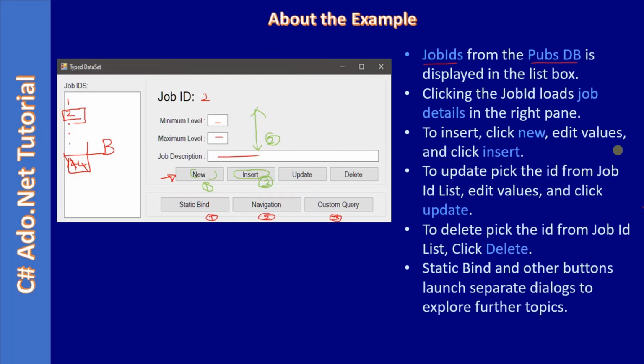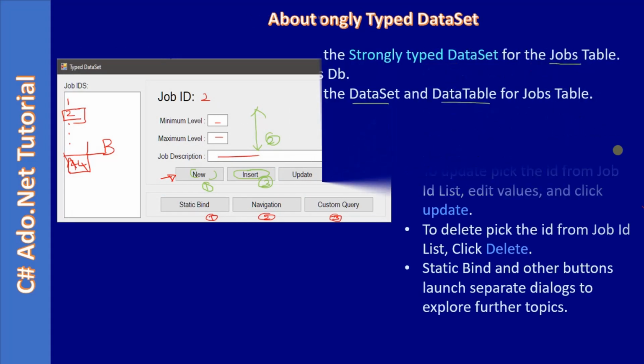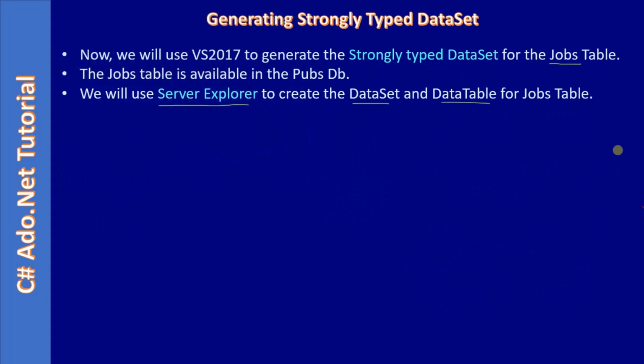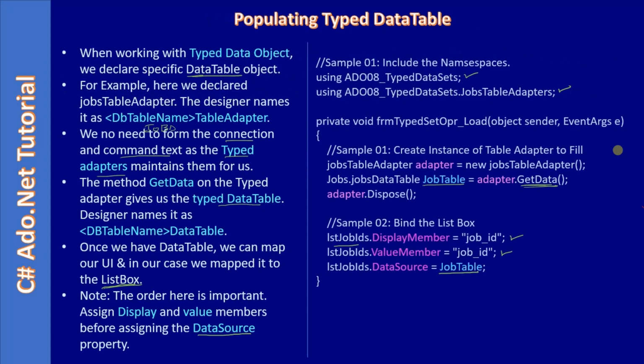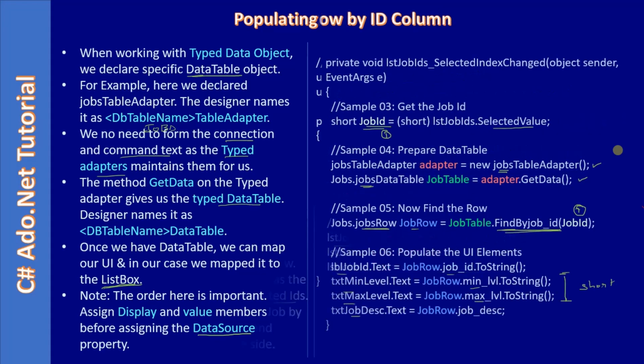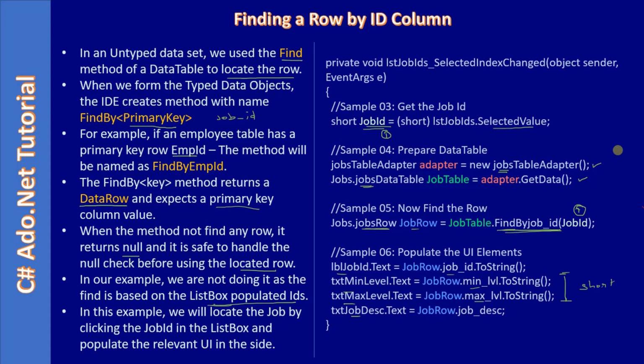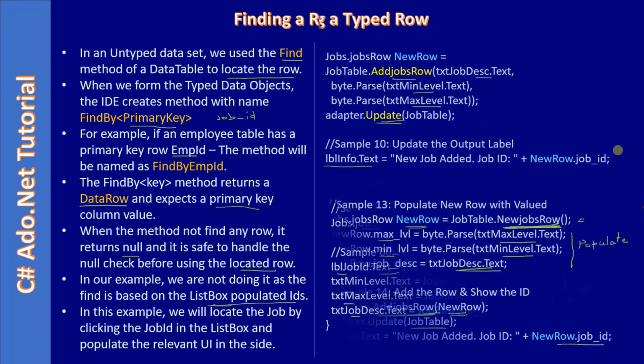So now you know what this example will do. Generating strongly typed dataset, then we started with the jobs table, right? After that we saw how to populate the typed data table. Then we looked into fetching a specific row by the key column.